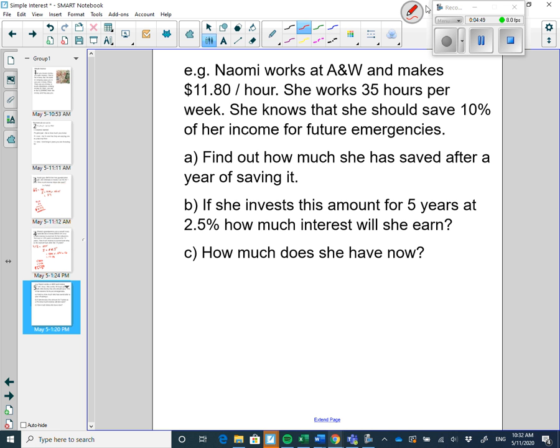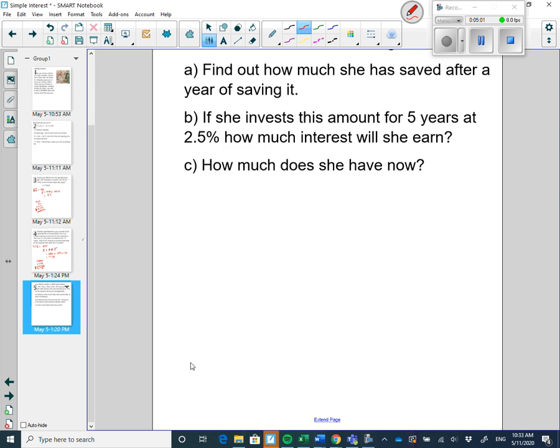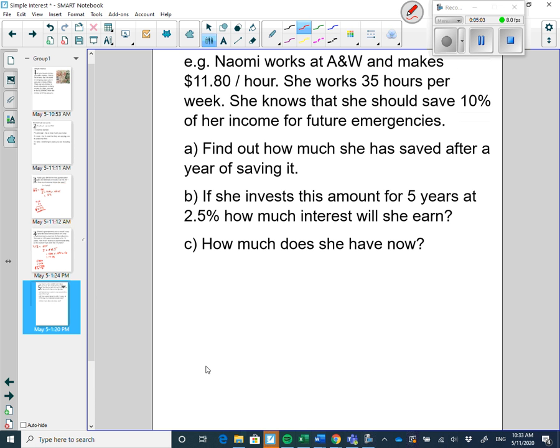Okay, so find out how much she has saved after a year of saving it. So the first thing we got to do is figure out how much she actually earns in a year, don't we? So we're going to take 11.80 an hour times 35 hours.